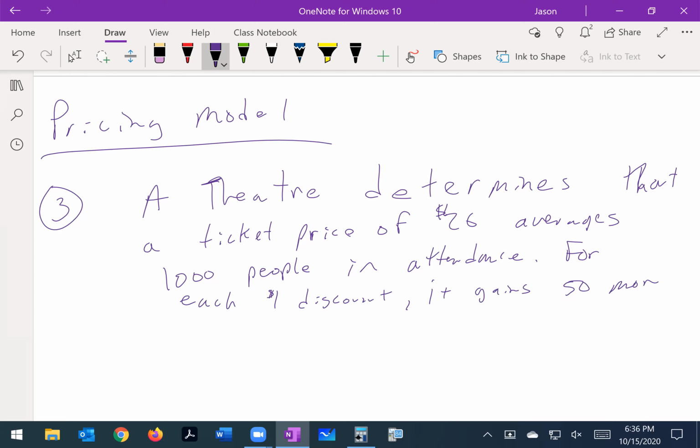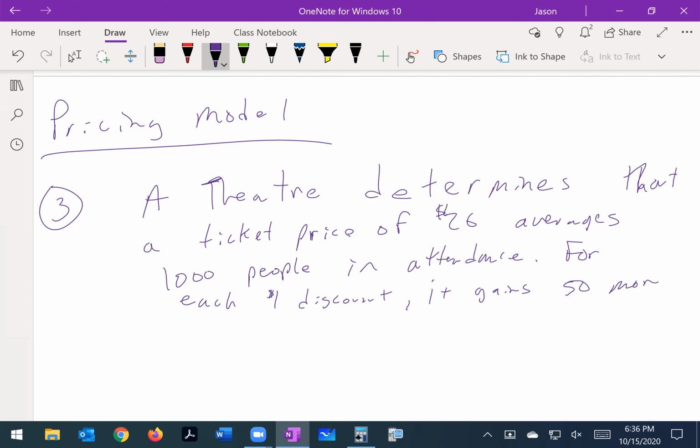Okay, see what we got here. Okay, so what's the revenue? The revenue is going to be the price times the number of units or the number of tickets sold, right? So price times the number of tickets sold. Okay. So let's let N equal the number of $1 discounts given.